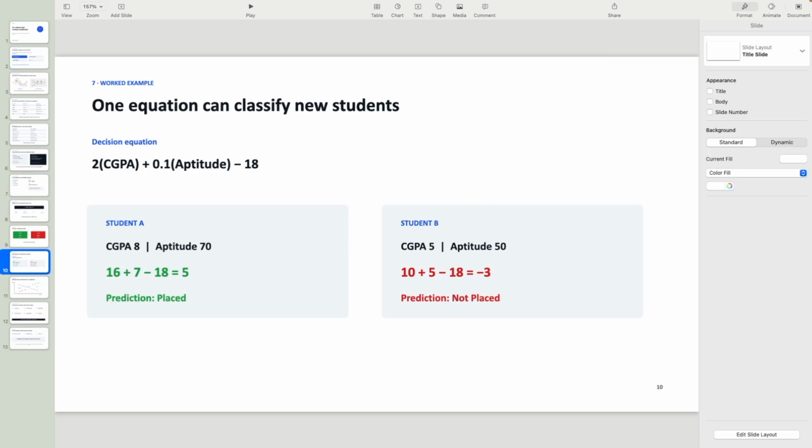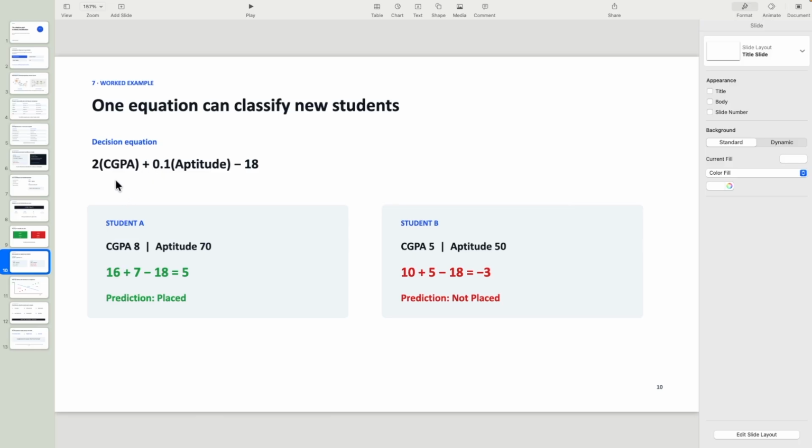We have some examples. Suppose student A has a CGPA of 8 as the first feature and aptitude of 70 as the second feature. The weightage of the CGPA is high, 2, and the aptitude weight is 0.1.